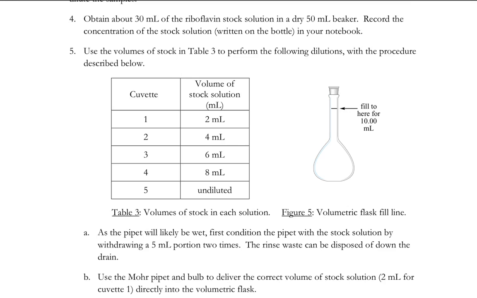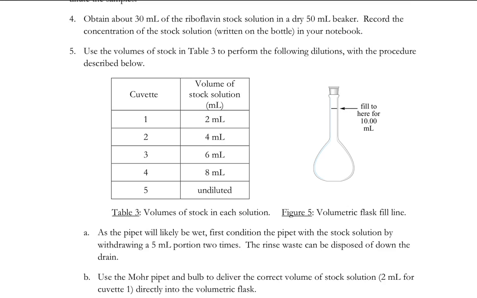Then with distilled water, we will fill our flask to the 10 ml line. So we're taking 2 mLs, diluting it to 10 mLs. That will give us our most diluted solution. We will then pour from our volumetric flask into cuvette 1.